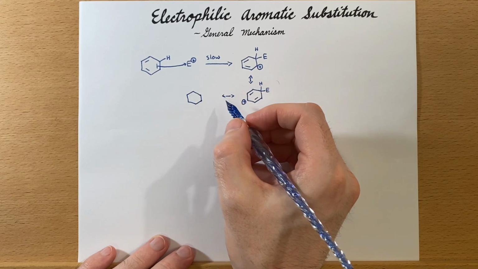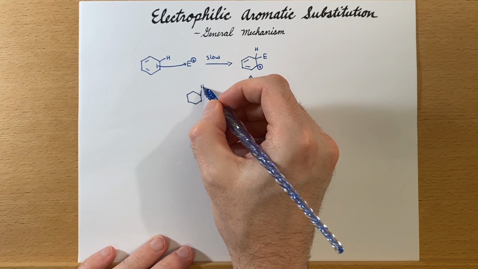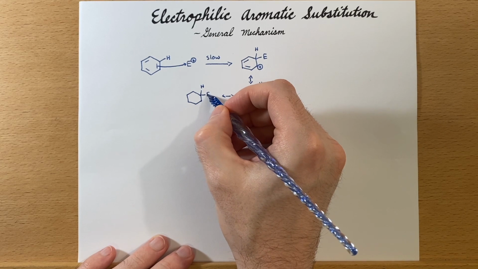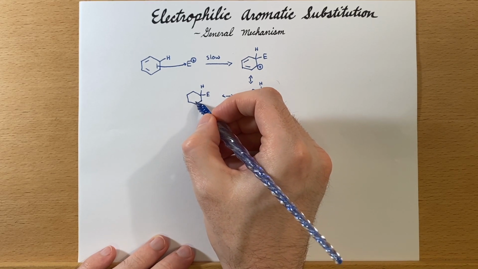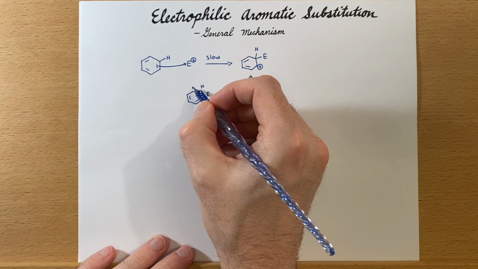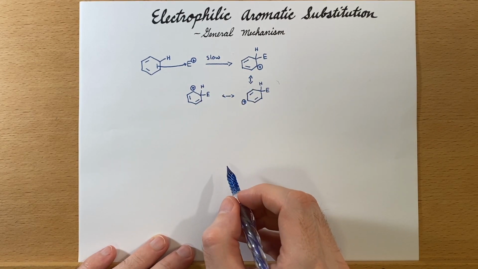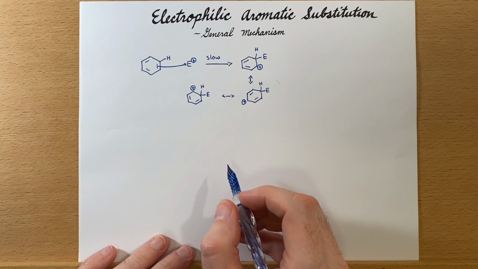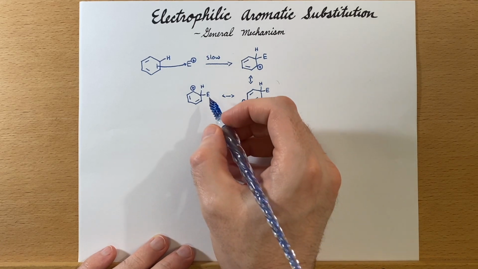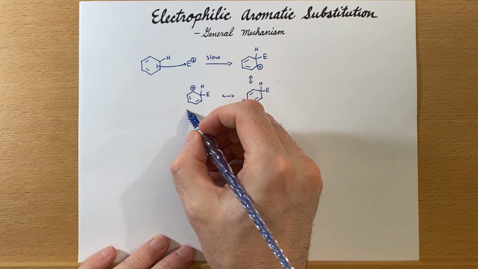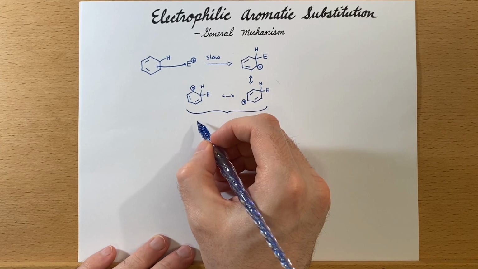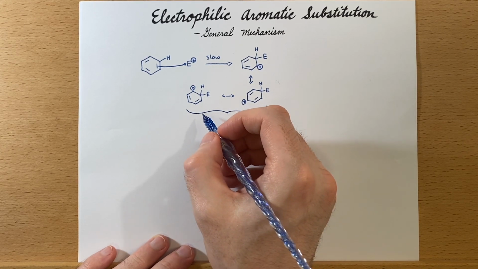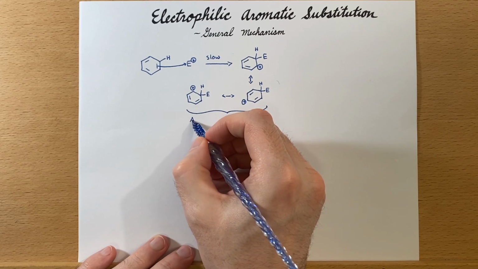So it can move a little bit about the ring, like so. So it does have some stability, and we would call these ions right here an arenium ion intermediate.